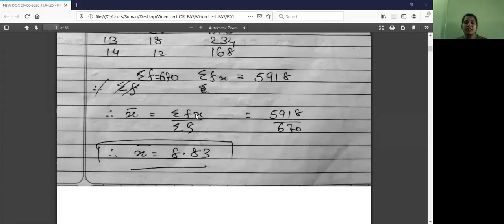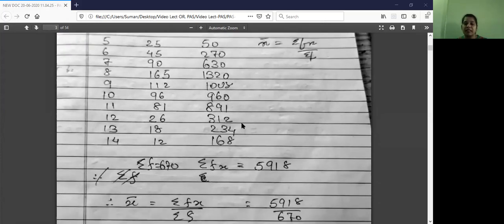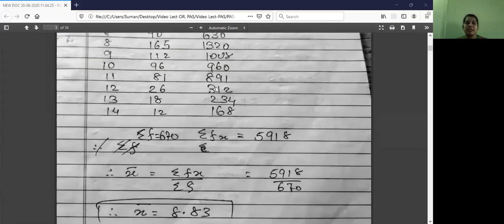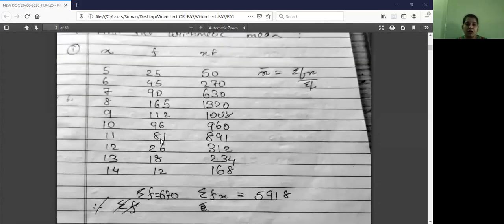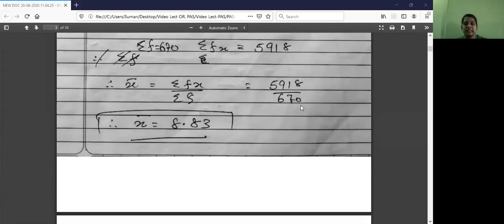First we find the column fx, and after that we get the value of summation fx, which is 5918. The summation f is the sum of all the frequencies, which is 670. So our x bar is 8.83.